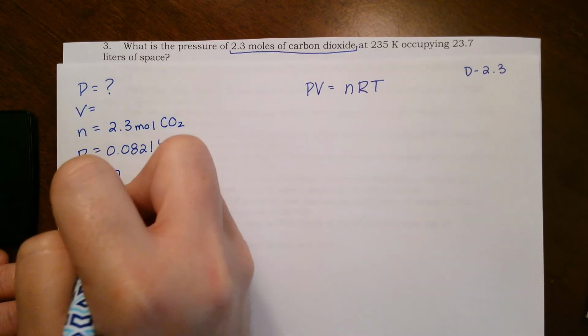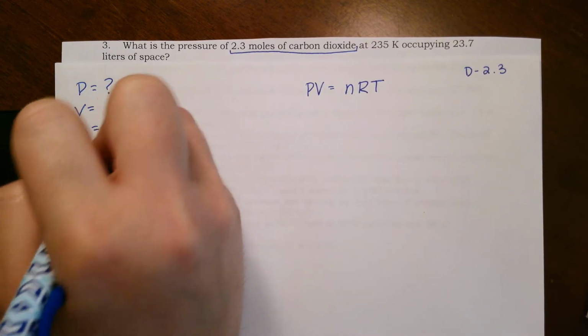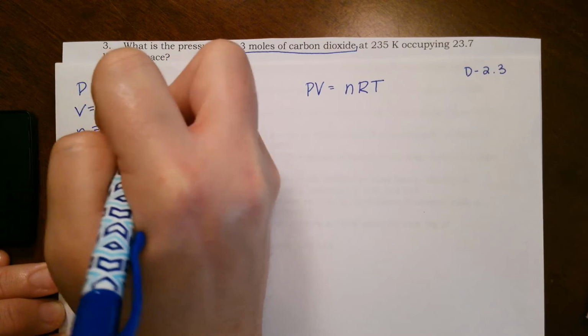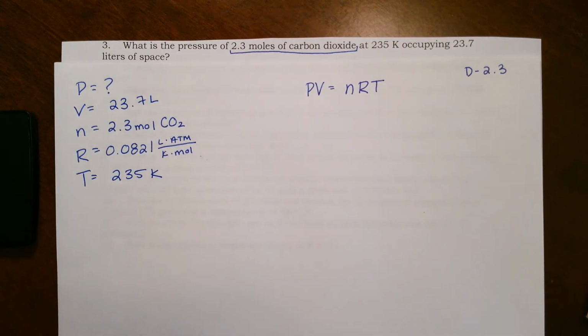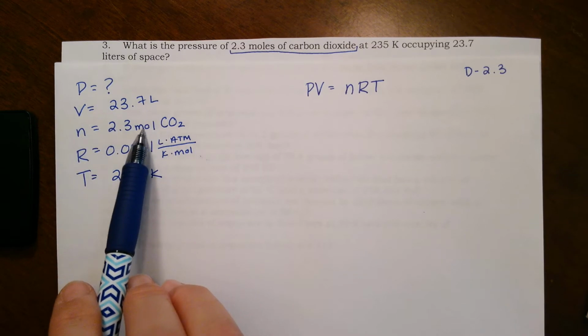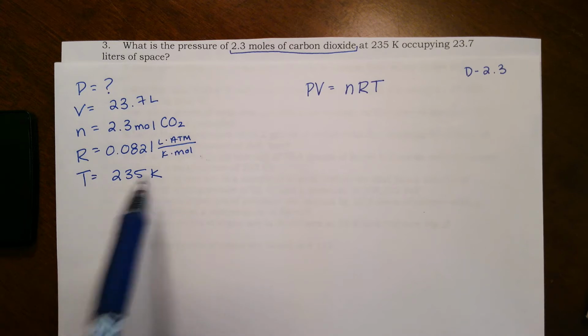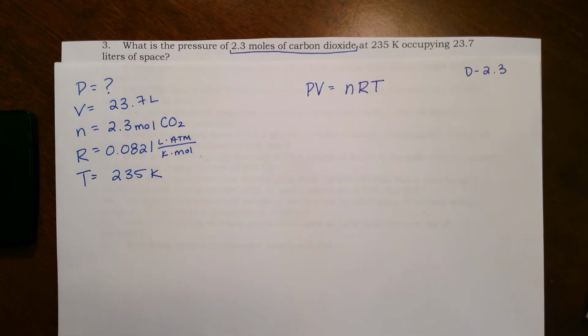The temperature is 235 Kelvin, and the space or the volume is 23.7 liters. So first off, make sure all our units are good to be plugged in: volume is in liters, moles is good, the universal gas constant is always good, and the temperature is in Kelvin, so we're good to plug in.